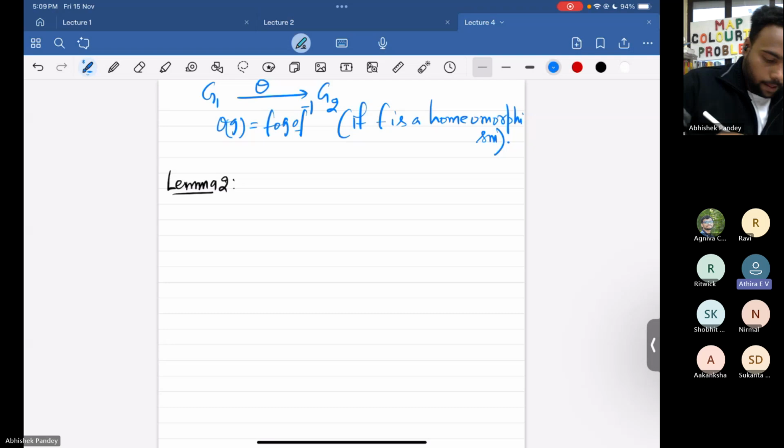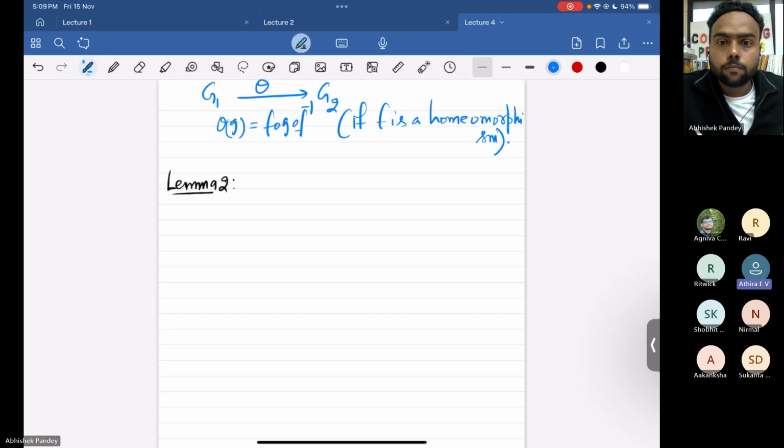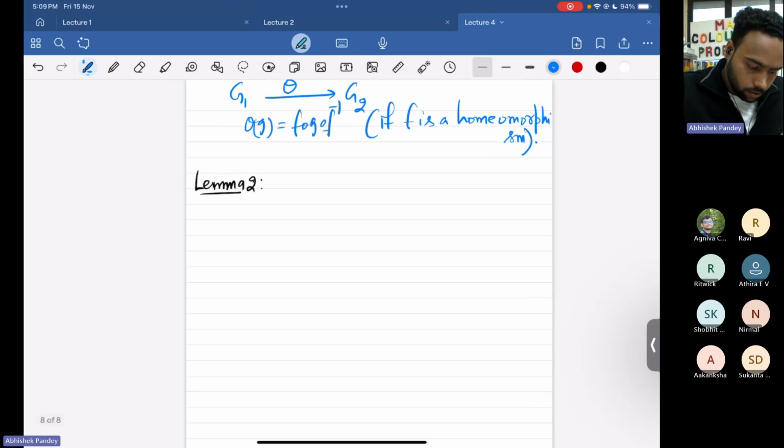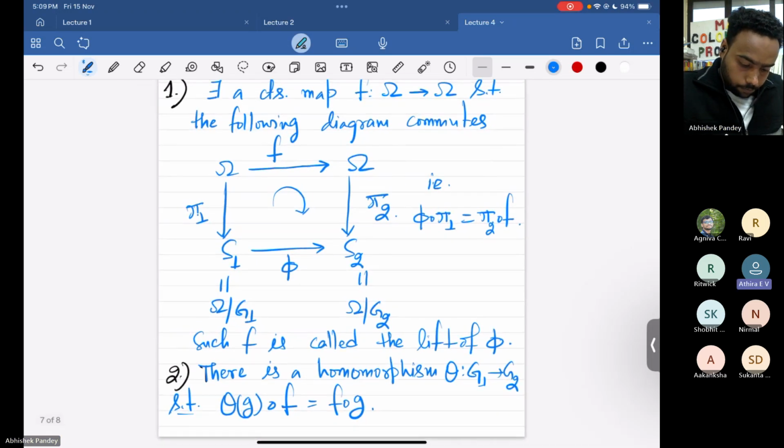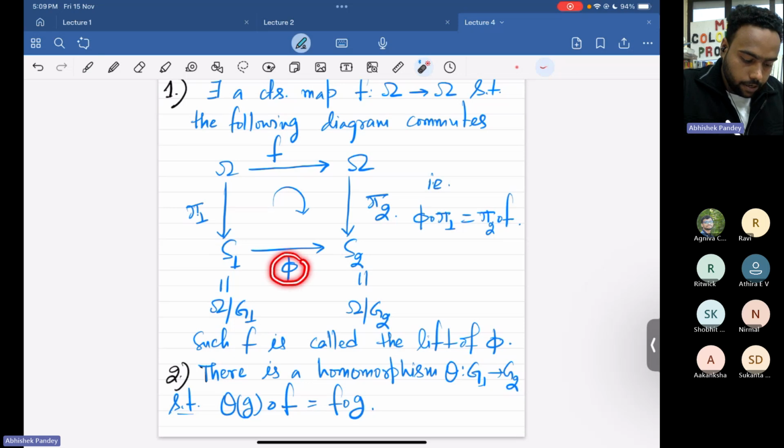Abhishek, one question. Here this F is a homomorphism of what? Homomorphism of which space? See, first of all we have this continuous map phi.